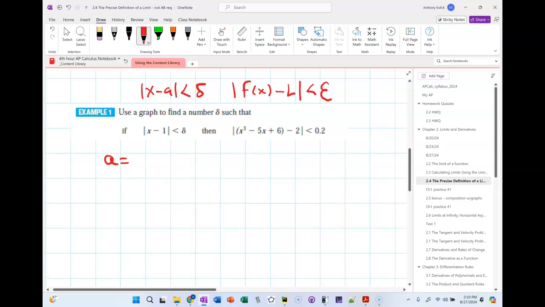I'm just writing the symbols above it. So I can see that a is 1, f of x is that cubic, and L is 2. Does everybody feel okay there? Well, I guess we can write epsilon is 0.2.